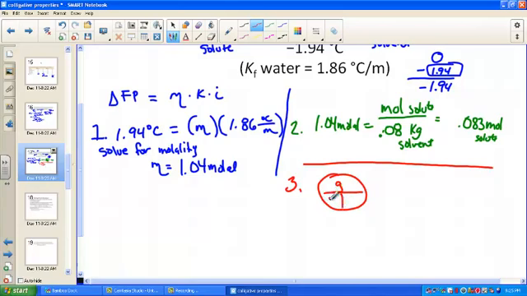And this is something that should be familiar. Moles is grams over molar mass. Round little buddy: grams over formula weight is a mole, M-O-L for mole. We know grams of solute and we know moles of solute. This is what we're being asked to solve for, the molar mass.